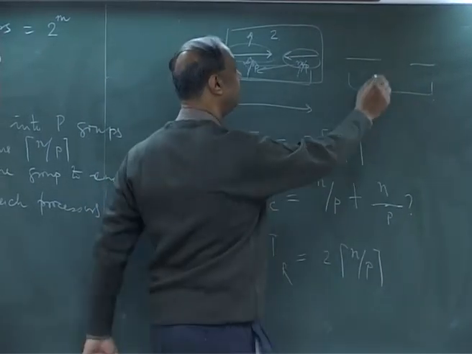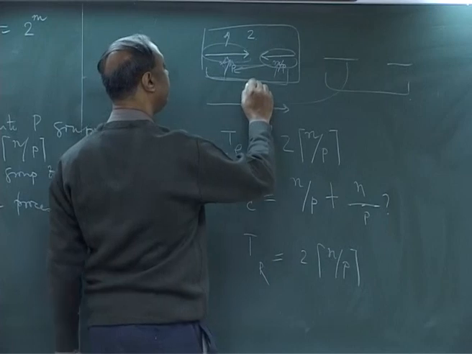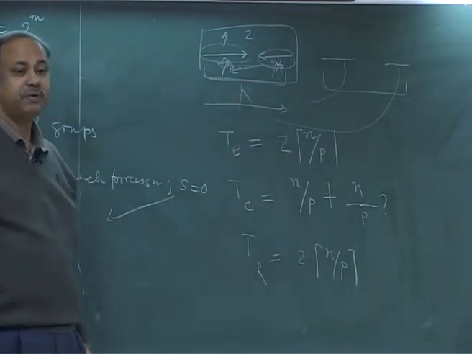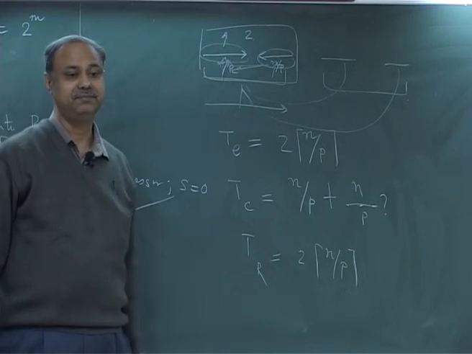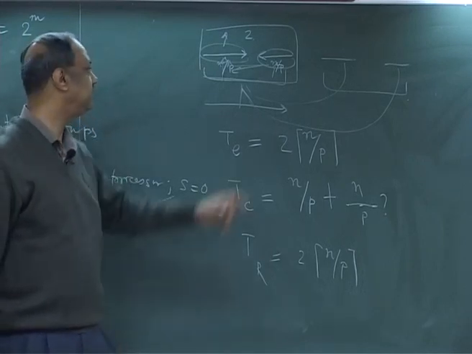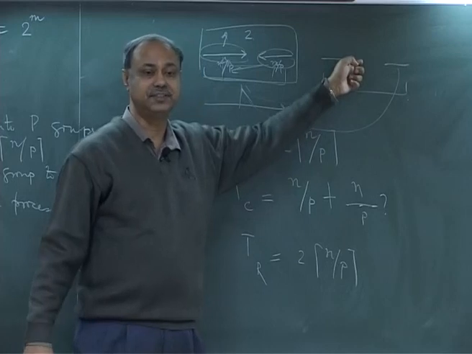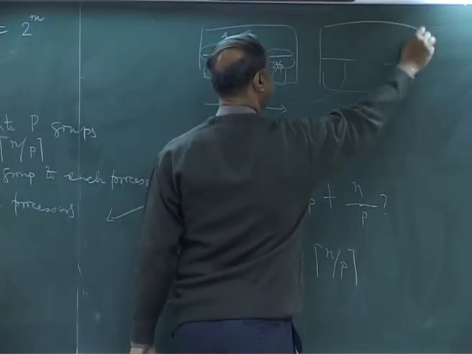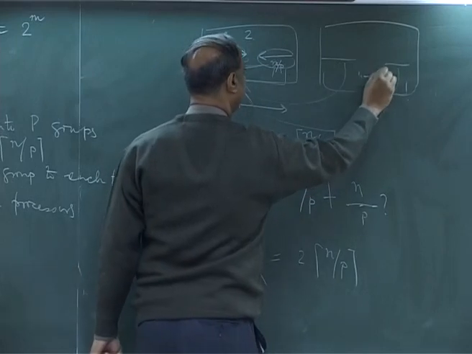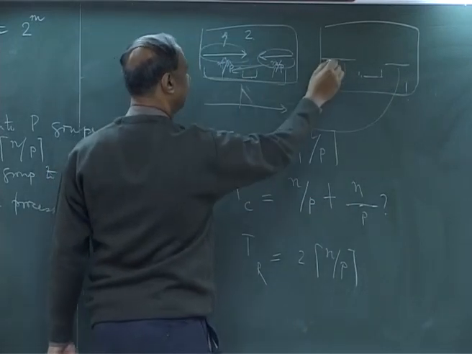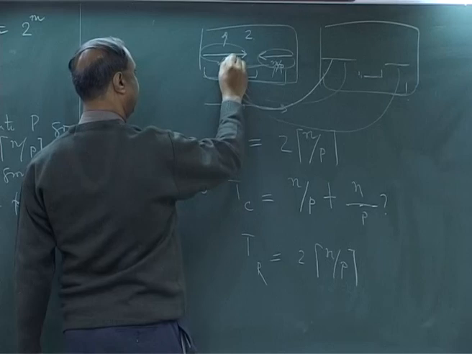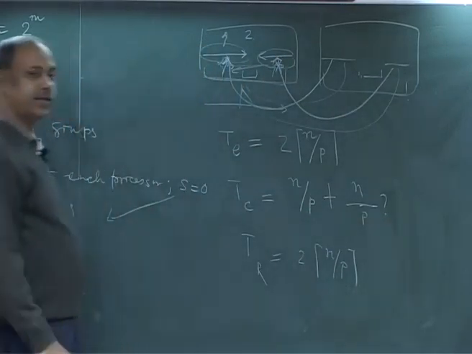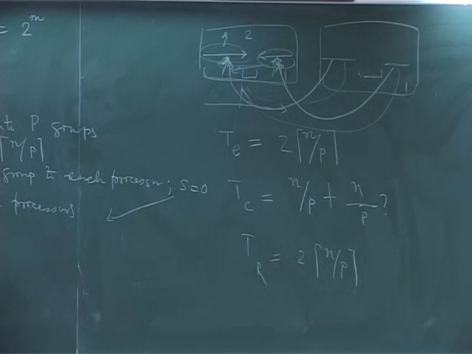Now this data you can bring here, but in order to bring it here you have to pay a huge amount of time. Earlier this box is connected to this, this is connected, this is connected, in the hypercube. Agreed or not?